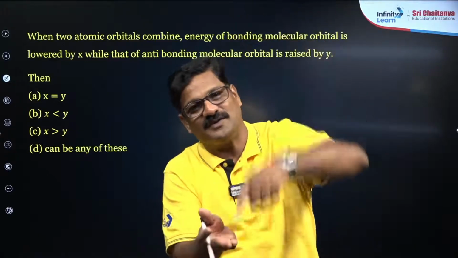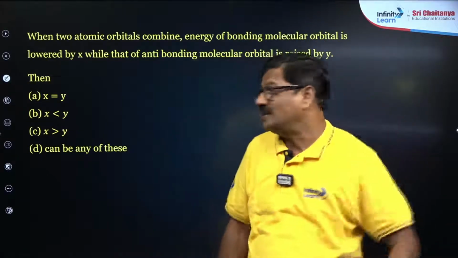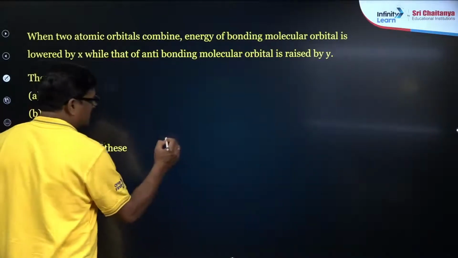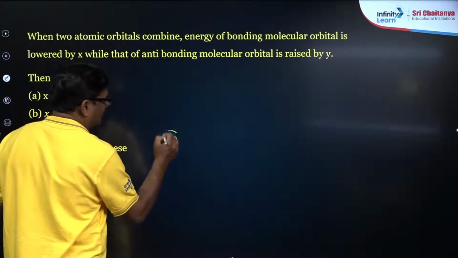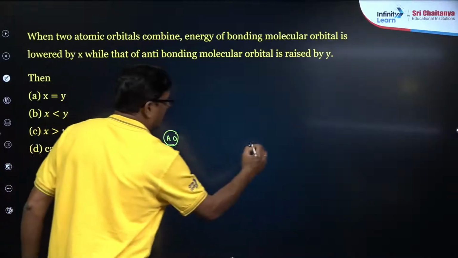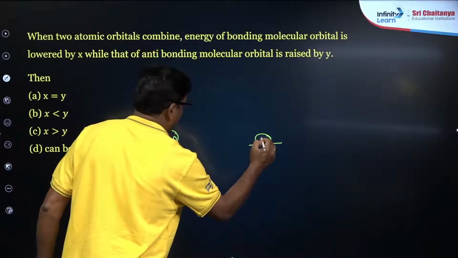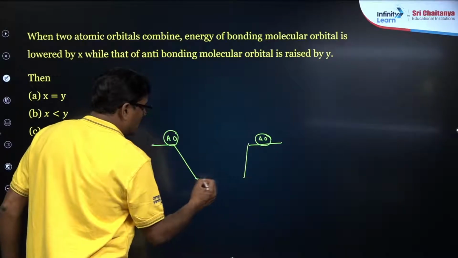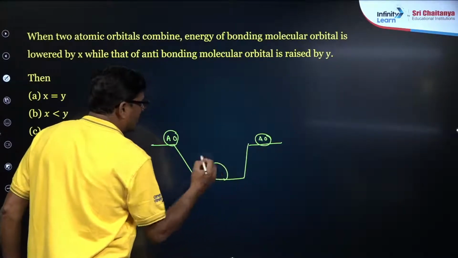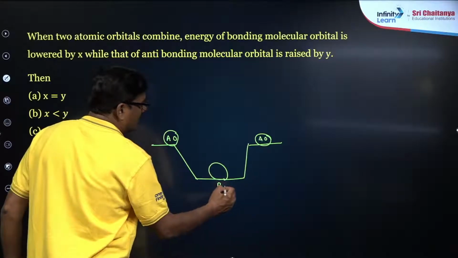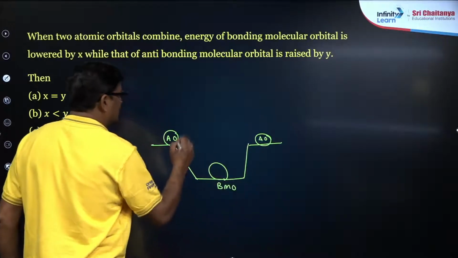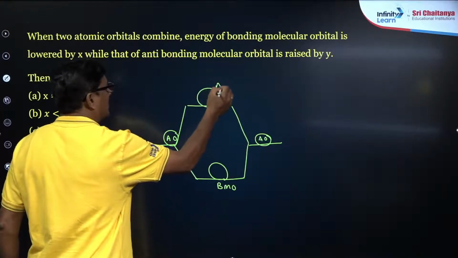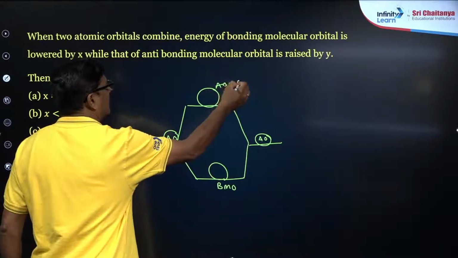So the difference between the energies of these two is nothing but x and y. So this is said to be an atomic orbital, and atomic orbitals combine to give a set of lower energy orbitals, that is bonding molecular orbitals, and a set of higher energy orbitals, that is what you call anti-bonding molecular orbitals.